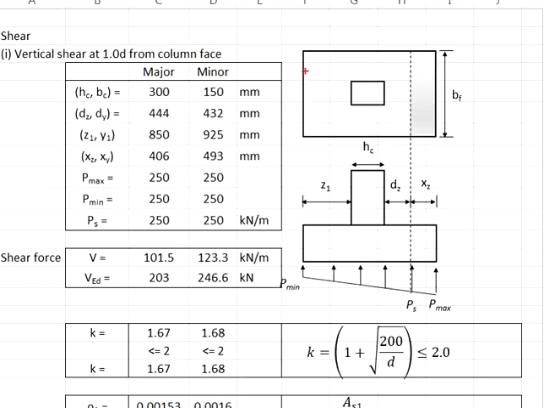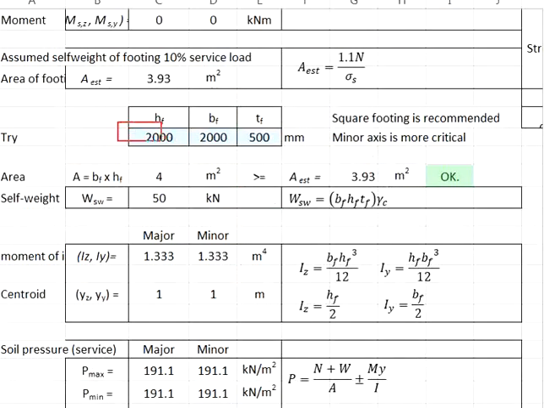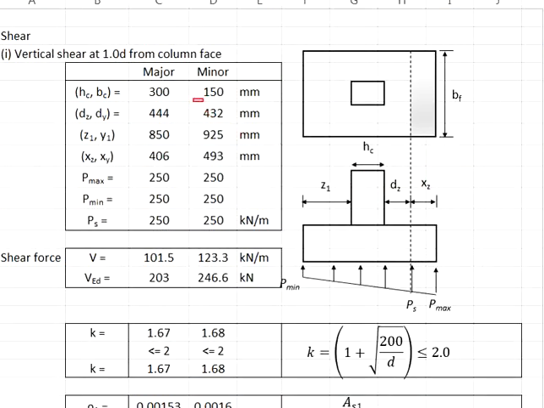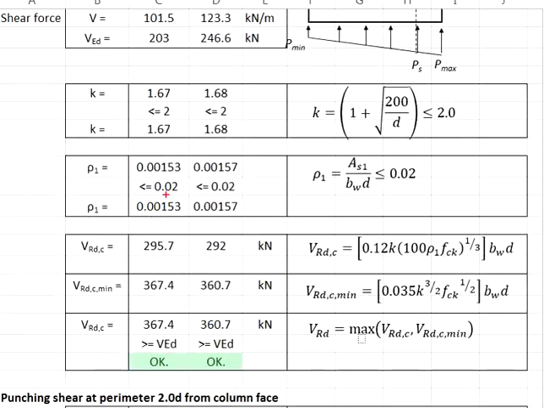You are talking about this width times the effective depth, since you are talking about this reinforcement bar passing through this shear plane. So this width here will be equal to 2000 mm, and the effective depth is equal to 432.